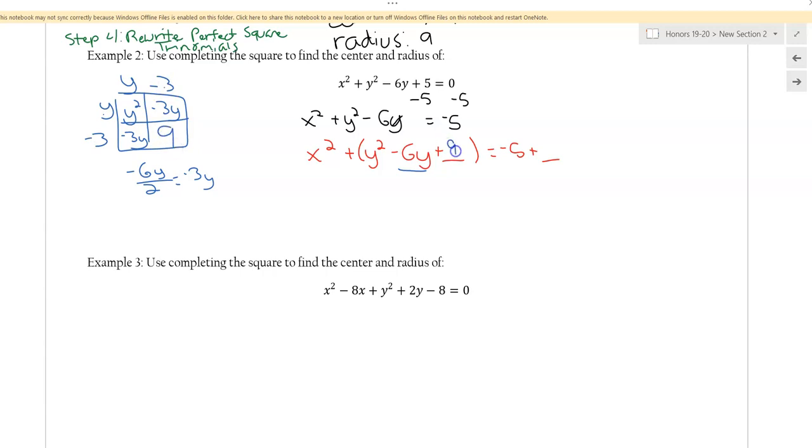So 9 goes here, and 9 goes here. So now I have x squared plus, this y squared minus 6y plus 9 is really the same as y minus 3 times y minus 3. So that's y minus 3 squared. And negative 5 plus 9 is 4.